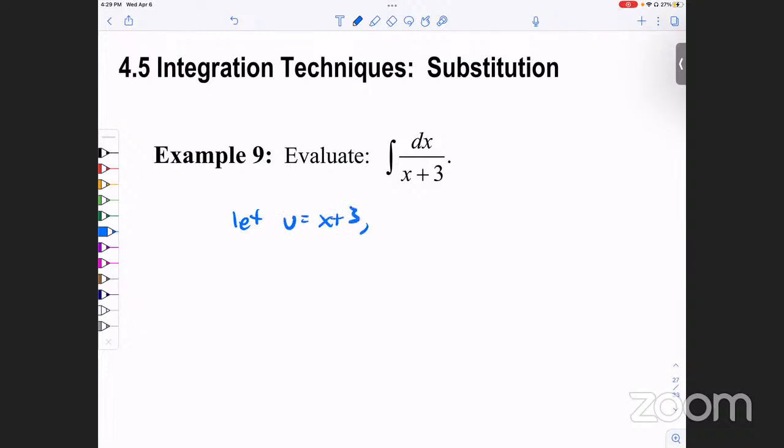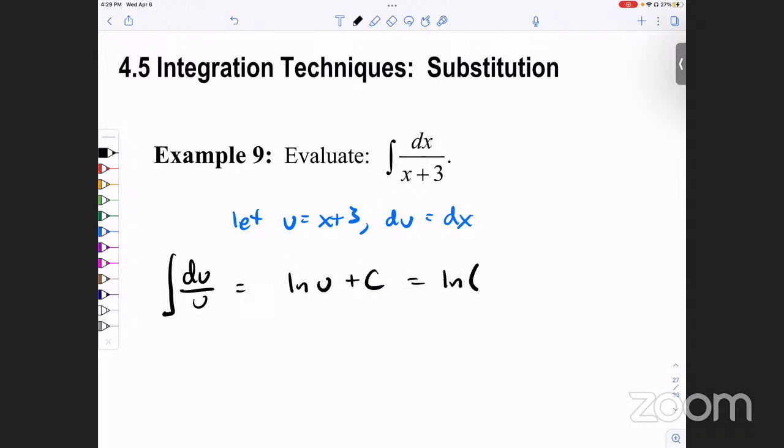u be x plus 3. Let's just start there and see what happens. Then our du, substitution, over u. So that is going to be the natural log of u plus some constant.